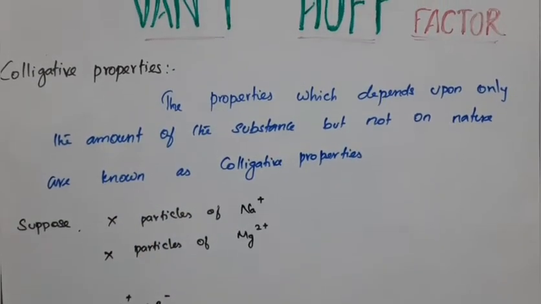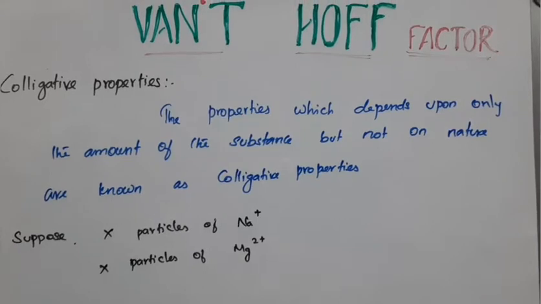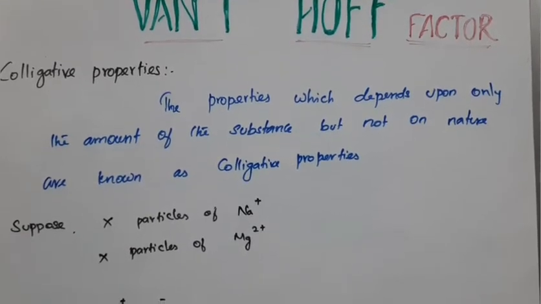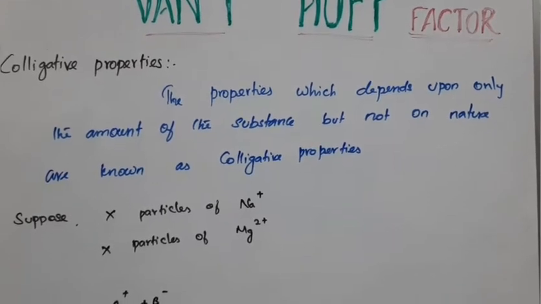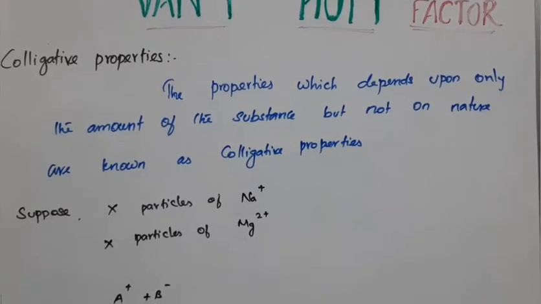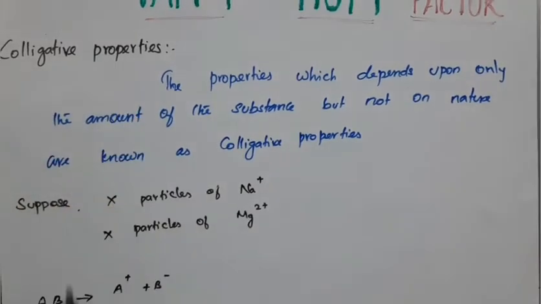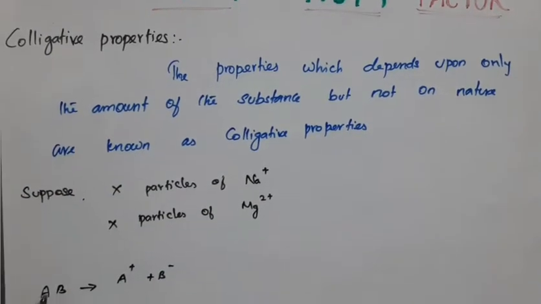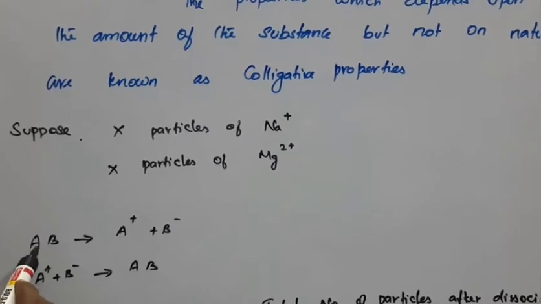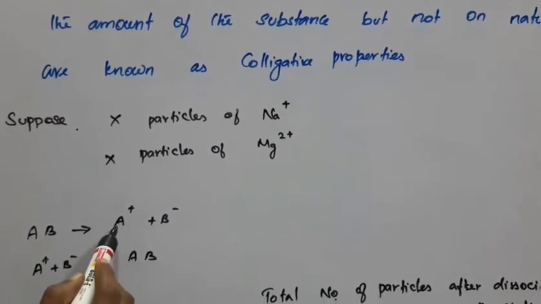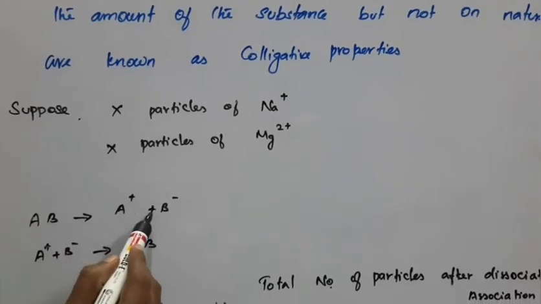Suppose you dissolve any solute or electrolyte in a solvent, and it undergoes dissociation or association. If the particles change, the colligative properties also change. Here, suppose AB reactant undergoes dissociation to give A+ and B-.